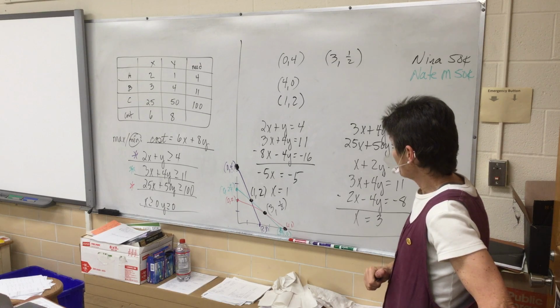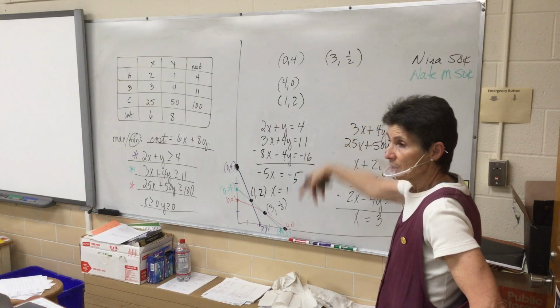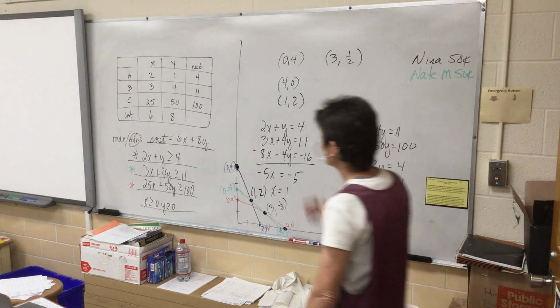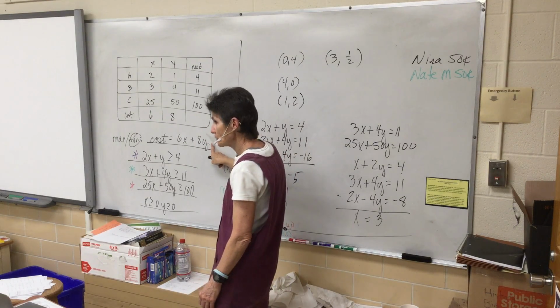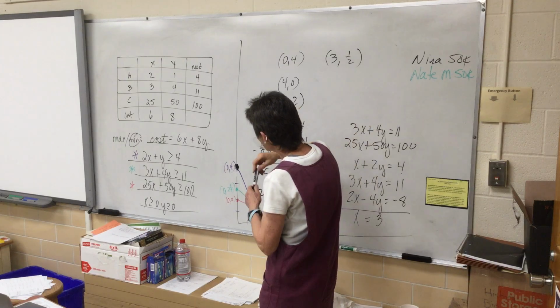All right, so here we go. How do I get an answer now? How do I decide? One of those is my answer. How do I do it? Plug them into the cost equation, keeping in mind that these are the x's and these are the y's.